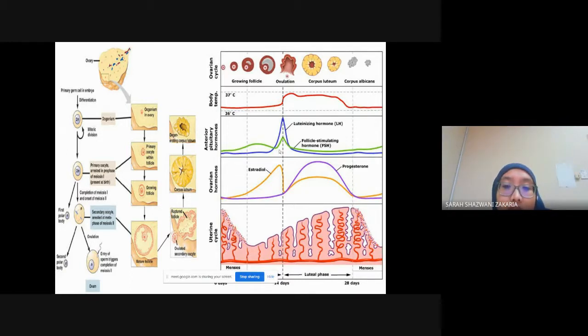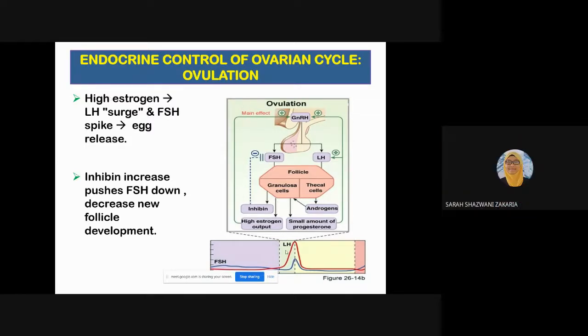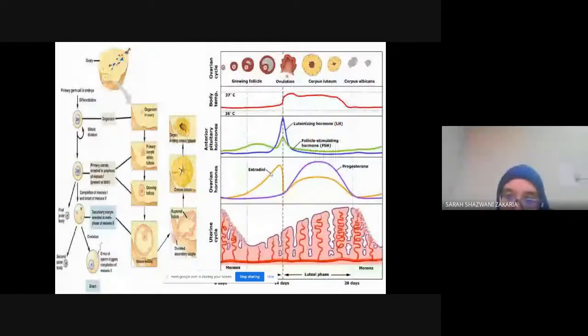Okay, so this one, the LH surge. This is a positive feedback mechanism of LH surge due to high estrogen, towards mid of ovarian cycle. If you reflect back on this, we can observe the estradiol or estrogen is rising.